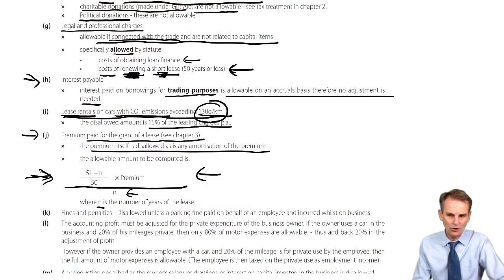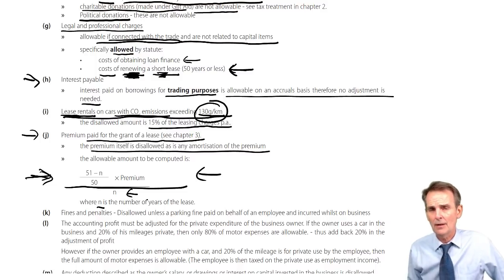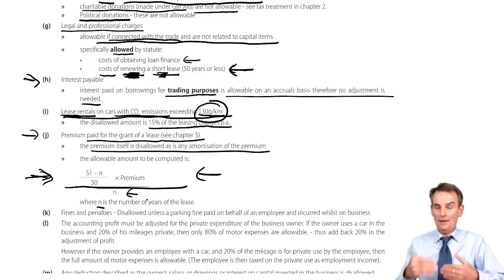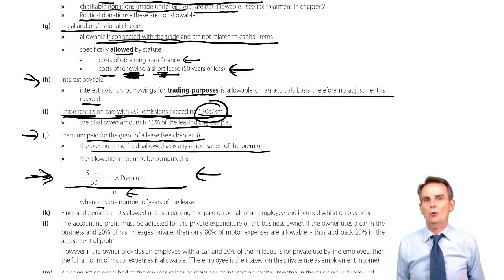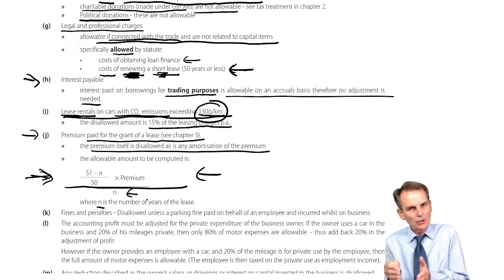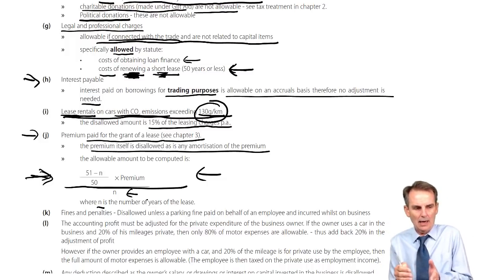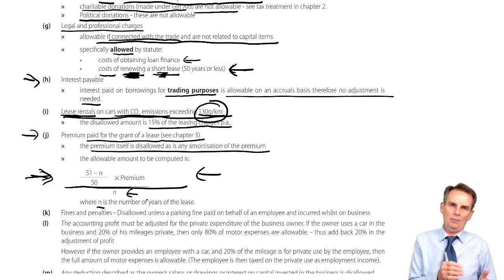Now, if you look back in chapter 3, I think it was examples 4 and 5 that dealt with the landlord, the lessor, receiving the premium and how much was assessed as property income. And we then went over and looked at the lessee, the tenant there, and how we deal with the payment of that lease premium.